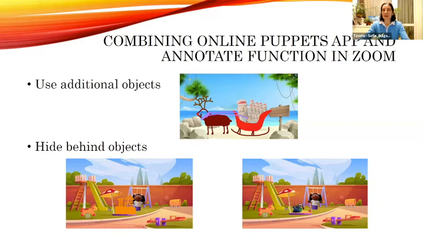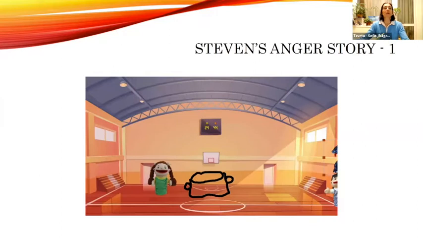So I would love to share a story about a client of mine who, through the combination of the online Puppets app and the annotate function of Zoom, managed to express his feelings and basically his anger and the accompanying feelings.